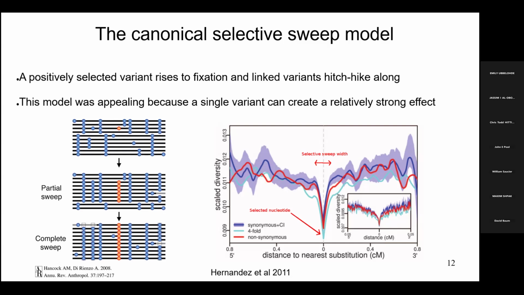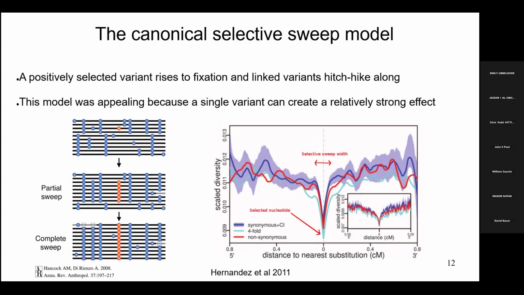So you have this positively selected variant that appears and will tend to, over time, eventually get fixed. And when it does so, you see that diversity at nearby linked sites is reduced as a result of that. So this is a process that unfolds in time, but leaves a signature in space. And when I use the word space here, I mean along the chromosome.